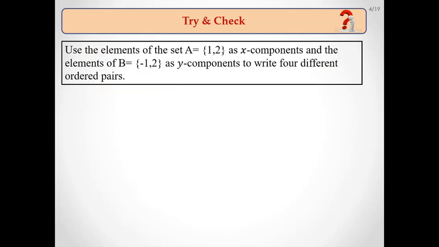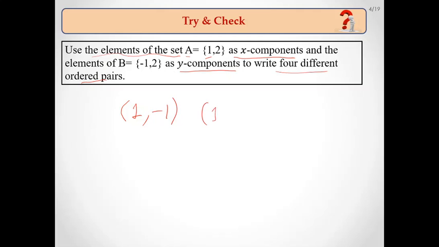Now let's do the try and check. Please stop the video and try to do it by yourself. It's almost the same question. Use the elements of the set A as X components and the elements of B as Y components to write 4 different ordered pairs. So X component can be 1, Y component can be -1.